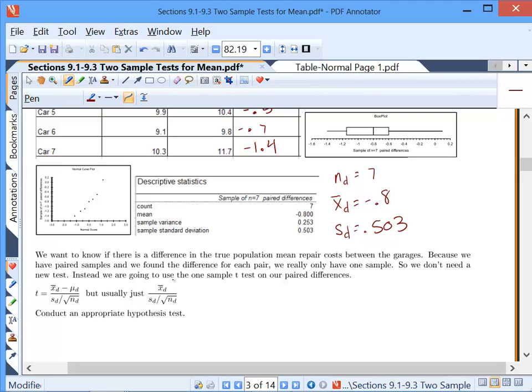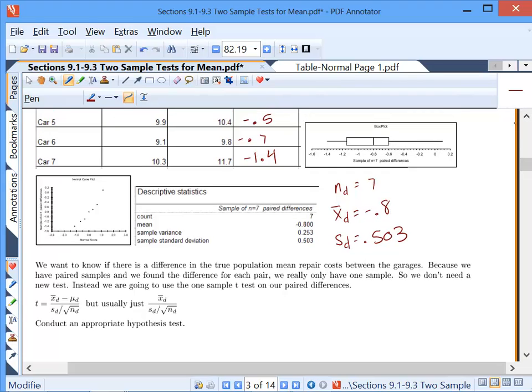So why do you think it might be that formula? Here's why. We want to know, is the mean for garage 1 less than the mean for garage 2? That's really the question we're asking here.